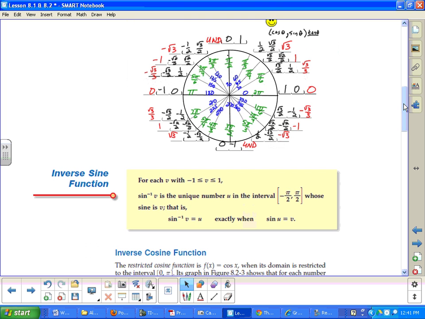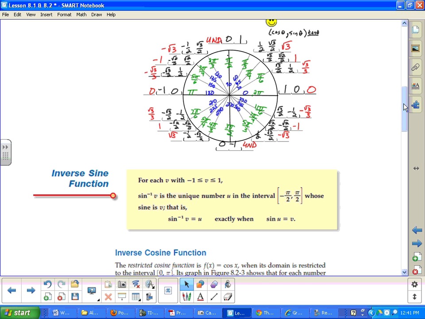So because of the inverse sine, the value of v in this case has to be between negative 1 and 1, the domain, because on our unit circle, the y values only go from negative 1 to 1. Inverse sine is a unique number in the interval from negative pi over 2 to pi over 2. The reason why, because I need positive and negative.